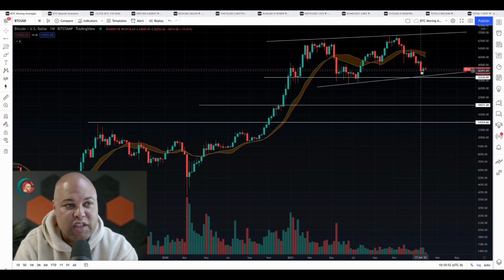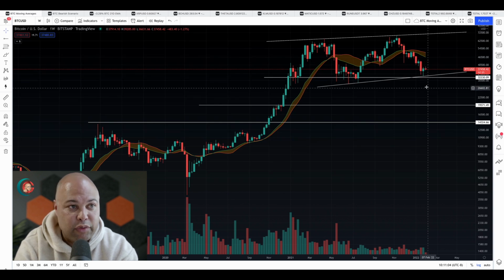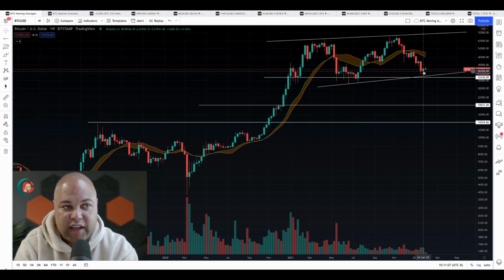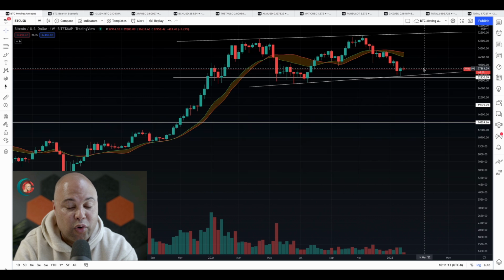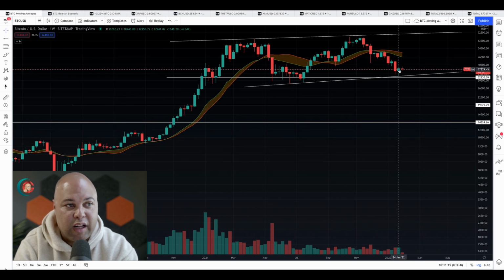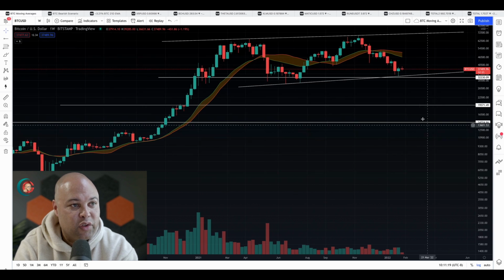Red candles close at the bottom of the body. That's the only difference between a red candle and a green candle. Red candles start at the top of the body and close at the bottom of the body of the candle. And then the wicks are just what happens in between the open and the close. Green candles start at the bottom of the body and close at the top of the body. So a green candle simply records a week in which we closed higher than we opened. So the candle opened here and closed here.